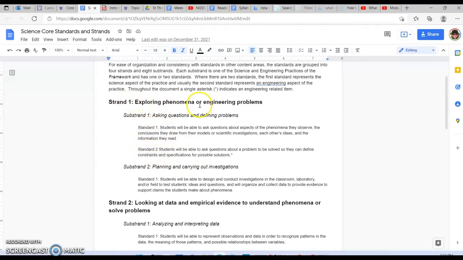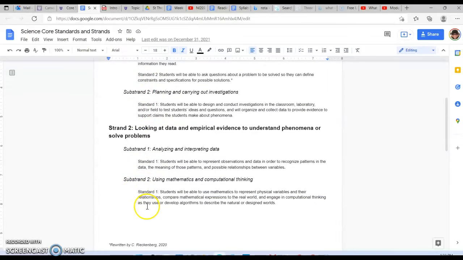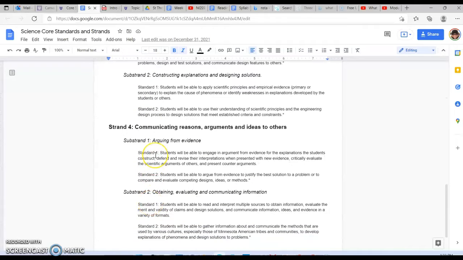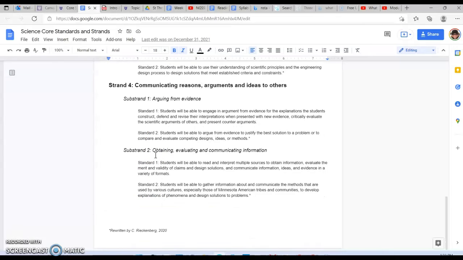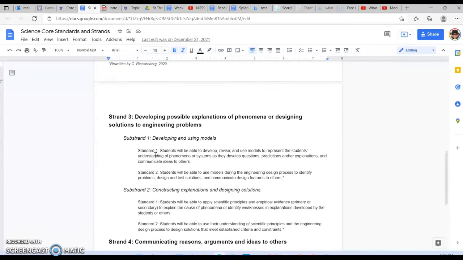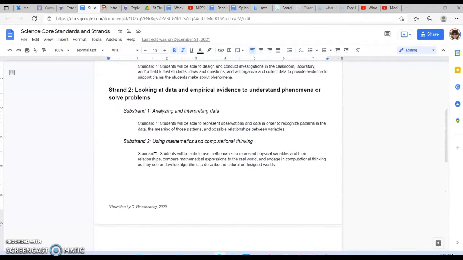So we have the strand of exploring phenomena, 1 substrand, 2nd substrand. Here's anchor standard 1, anchor standard 2, 3, 4, 5, 6, 7, 8, 9, 10, 11, 12, 13, 14. These are the core standards that we have that are kindergarten through 12th grade.